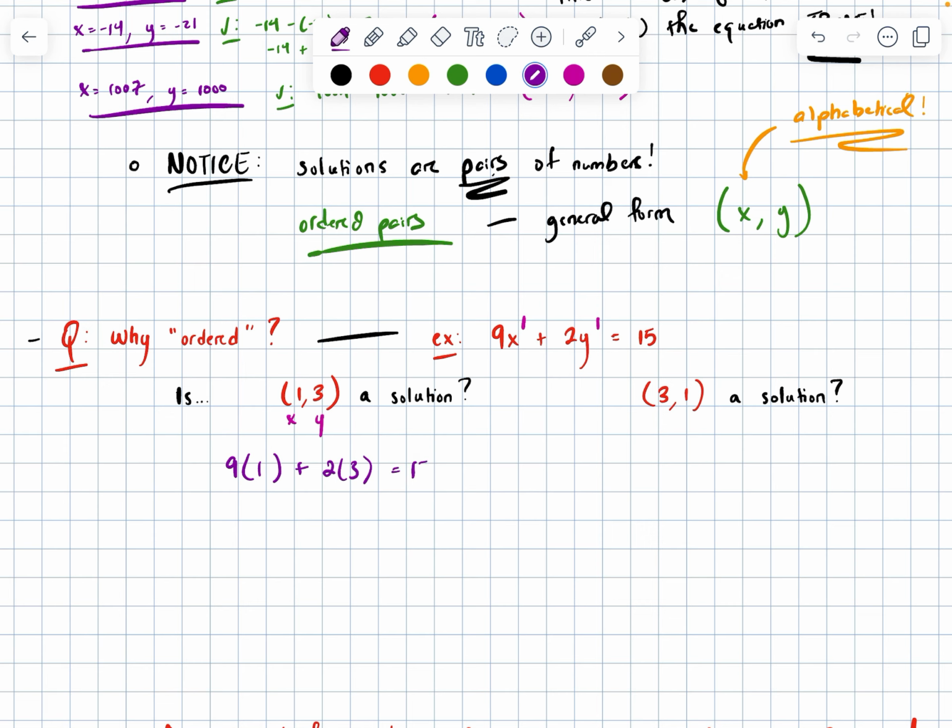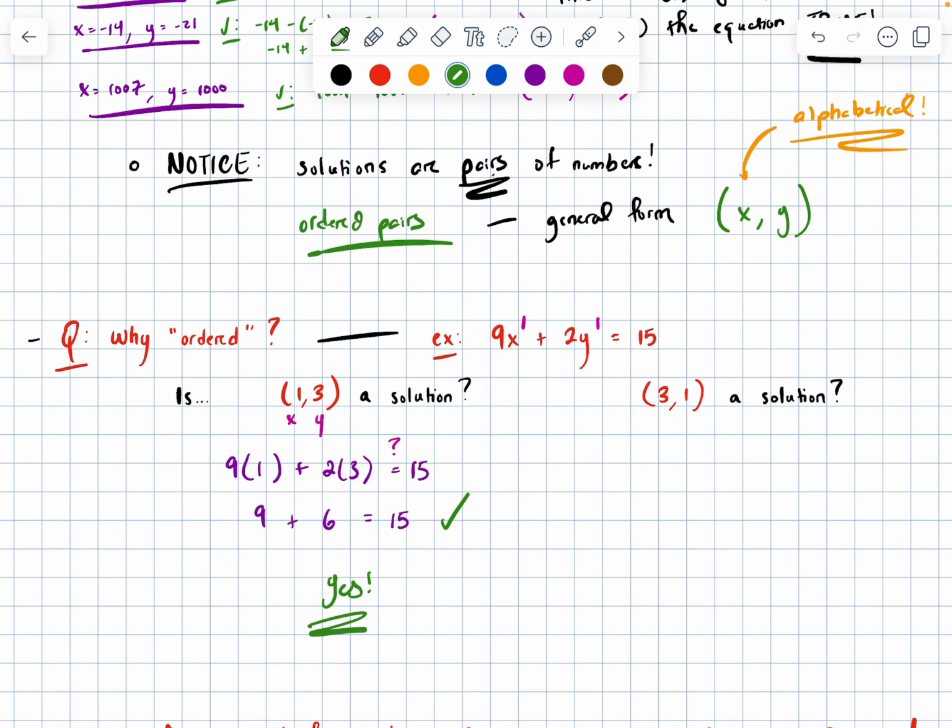So let's take 9 times 1 plus 2 times 3. What do you think? Is it going to be a solution? Only one way to find out. On the left side, let's simplify. 9 times 1, that's 9, plus 2 times 3, that's 6. Is 9 plus 6 equal to 15? Sure is. So this gives me a true statement.